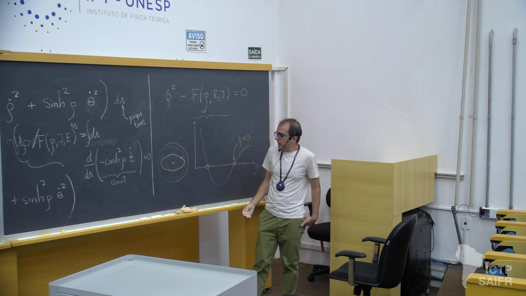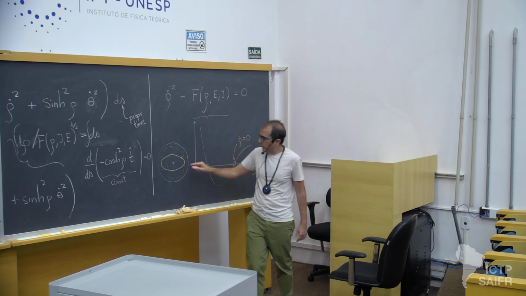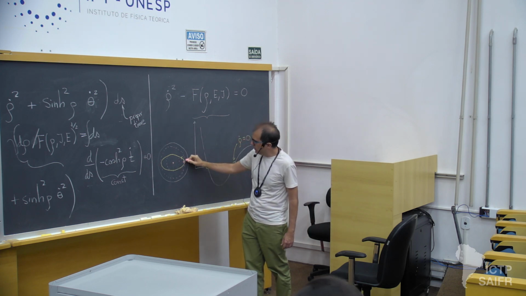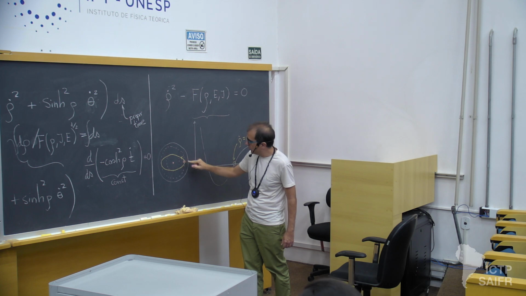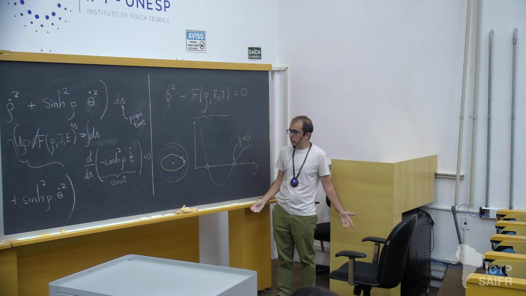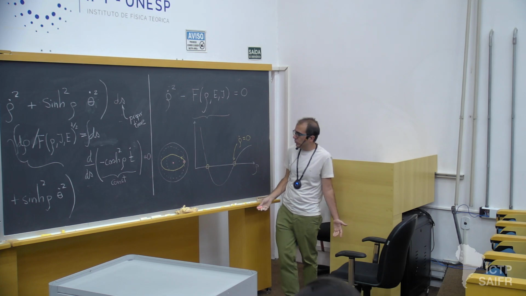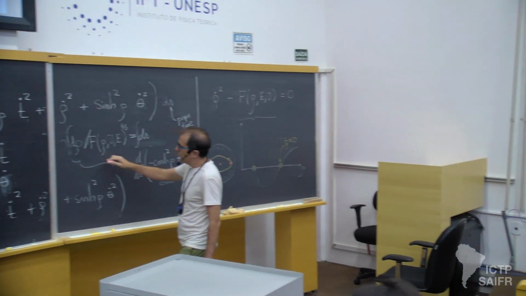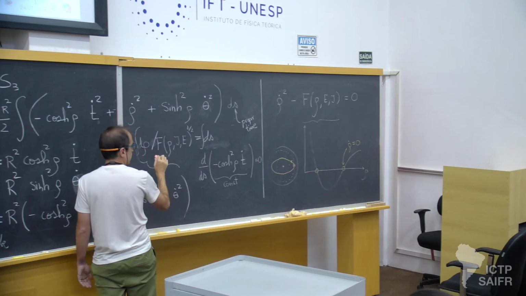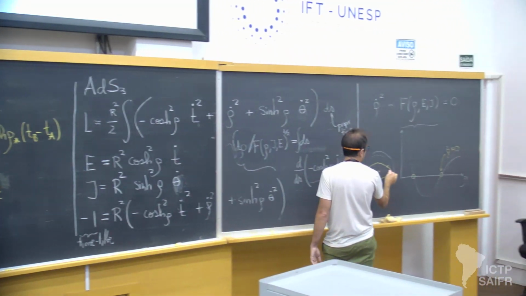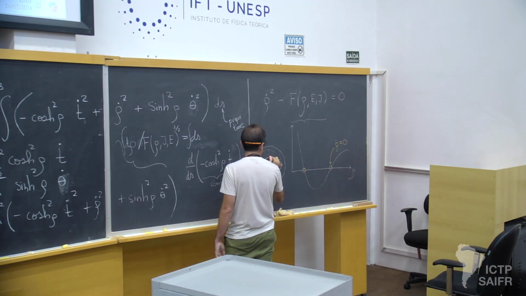And now you could ask, how long does it take for me to go from this point to this point? How long does it take to do one full rotation? You would do the computation, which is just this integral from this point to this point.